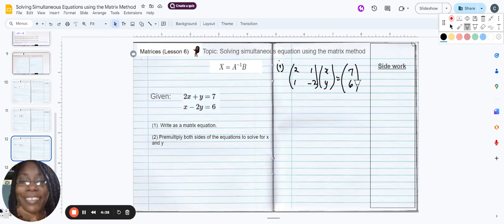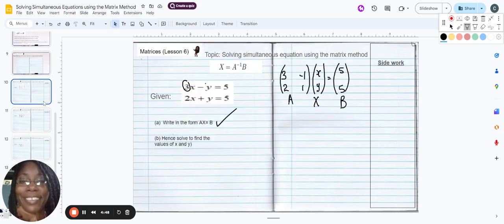Very simple. In the past, I've seen this particular part of the question given 1 mark. So that's the first skill you have to learn, how to transform from simultaneous equations to the matrix method. All right, our next step now is to solve.